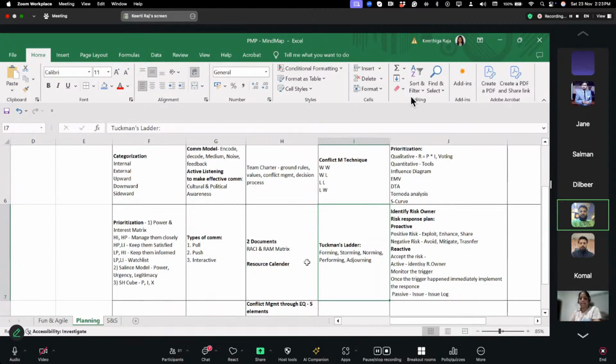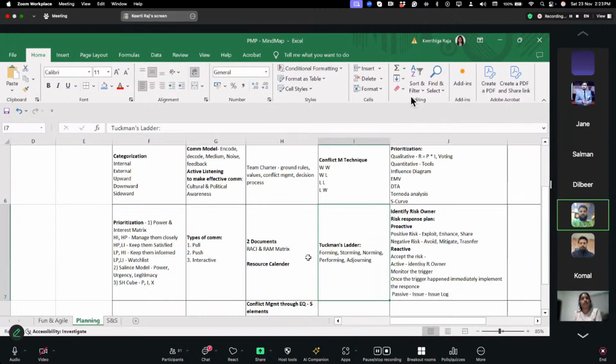So Tuckman's ladder is basically telling us that there are 5 stages a team goes through, which is forming: everybody is very courteous towards each other, just getting to know each other. Then they are storming, like the swords are out, fighting with each other, "You are right, I am wrong." Then finally they are accepting weaknesses and strengths of each other and going towards the same direction.